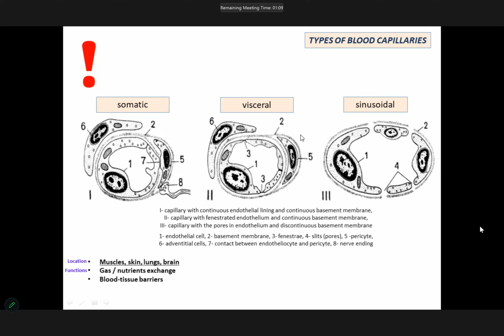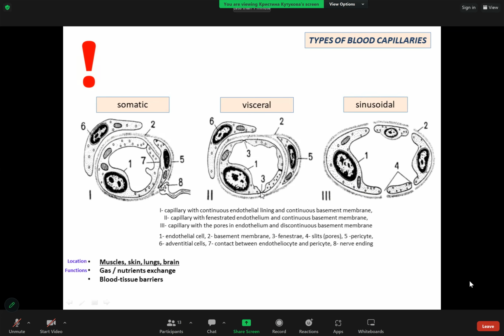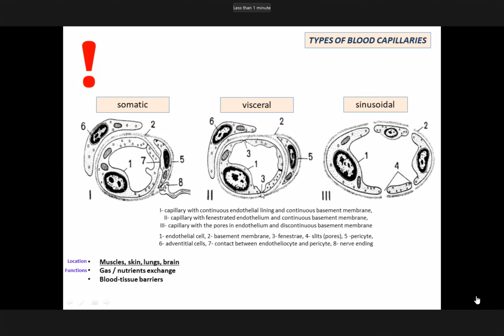Second one, visceral one, has the so-called fenestrations or fenestrae. So another name is fenestrated. These are the areas with thin cytoplasm, and it allows some large amount of large molecules to easily pass through the wall of such capillary inside its lumen.